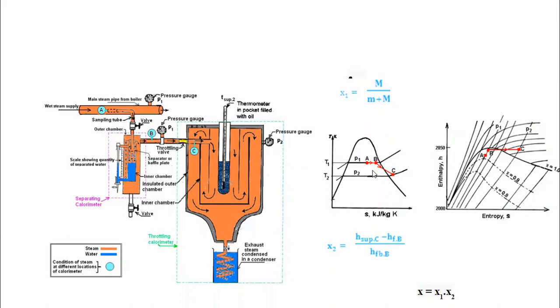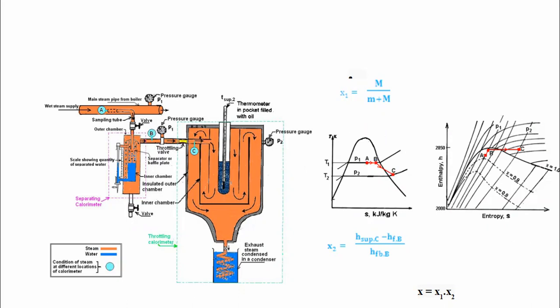So for this reason, we want to make sure that the steam after throttling becomes superheated. We need to dry it first by separating some of the moisture, and then you employ a throttling calorimeter. So that is the reason why we are using a separator along with the throttling device. We are not simply using only a throttling device.